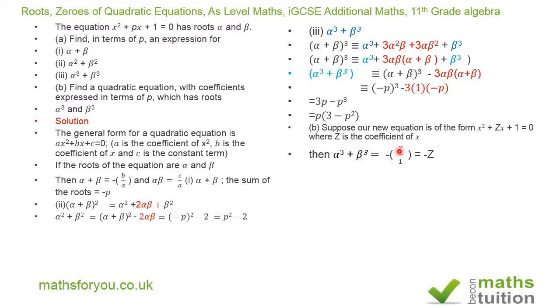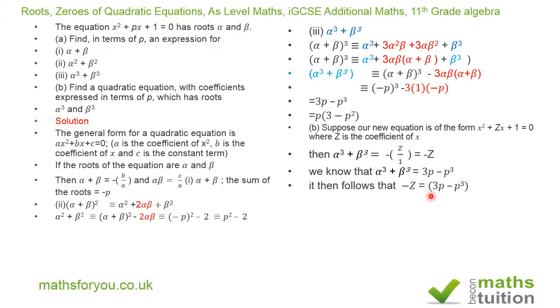So alpha cubed plus beta cubed is minus z over 1, which is equal to minus z. We also know that alpha cubed plus beta cubed is equal to 3p minus p cubed.